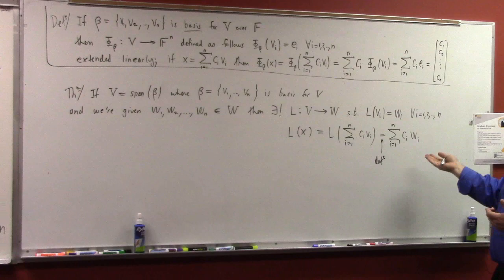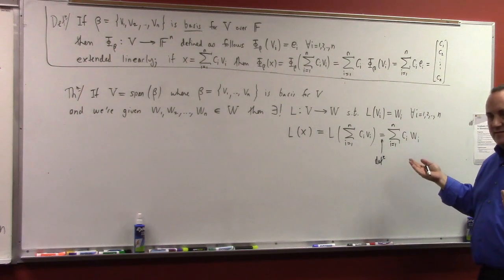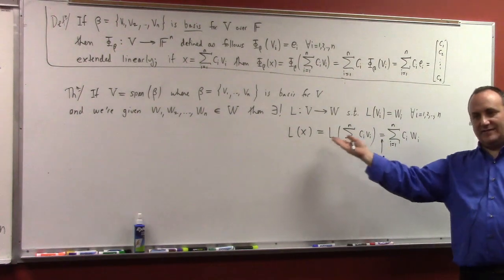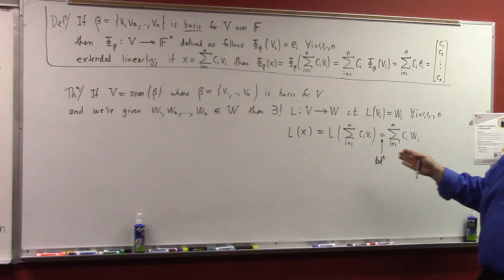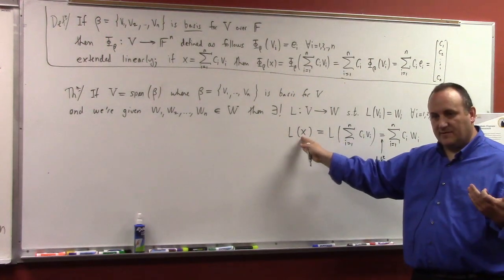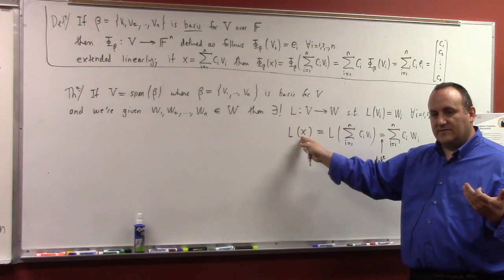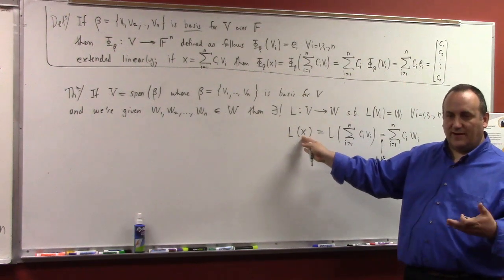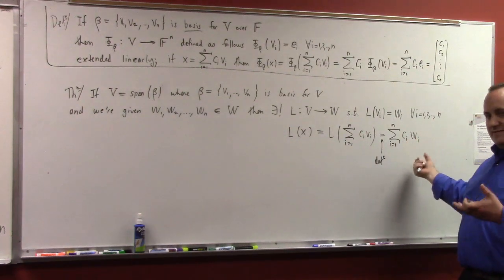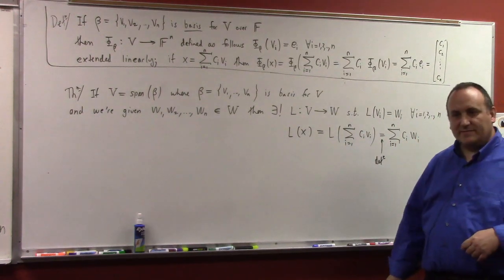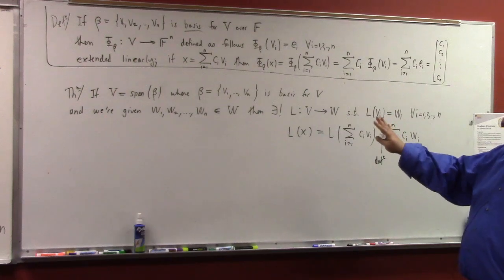What remains is to prove that this actually defines a linear map. But that's just a routine calculation, because if you have x plus y here, you get coordinates of x plus coordinates of y for the coordinates of x plus y. That goes here, and linearity is a simple exercise. So this is the linear extension theorem.